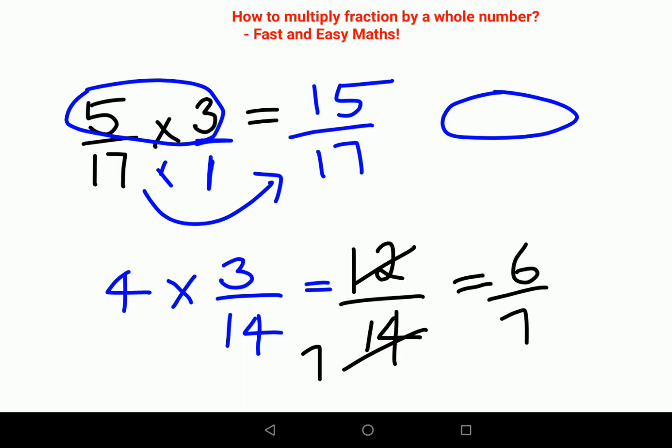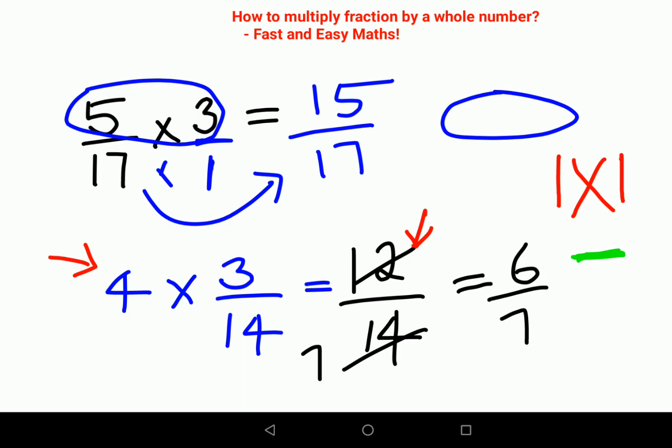But students, instead of doing this whole process over this step, you could have done it at this particular step itself. How? Whenever you have a multiplication and a fraction involved, you can cancel things vertically, and you can cancel things across. The only thing which you can never do is cancel horizontally.